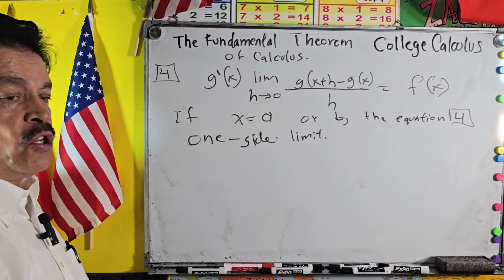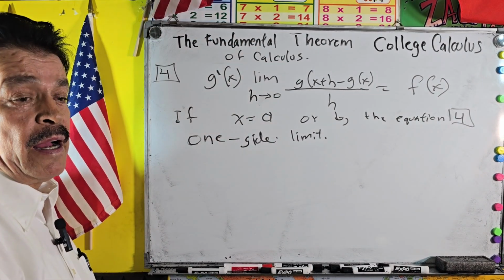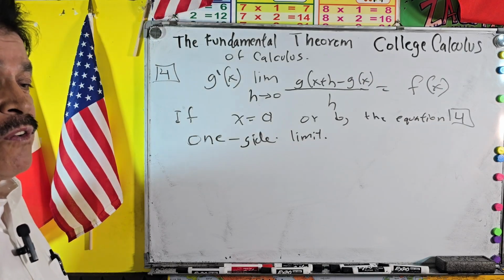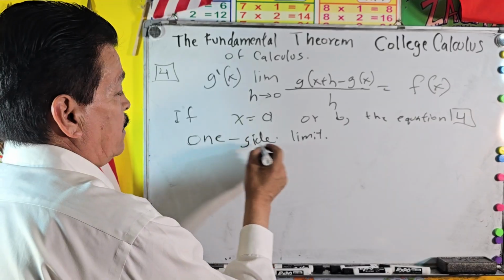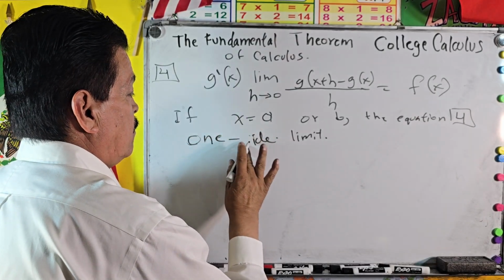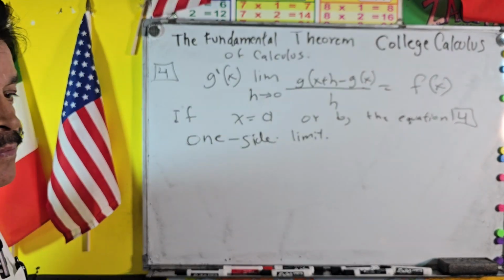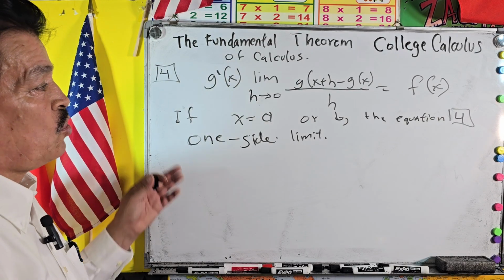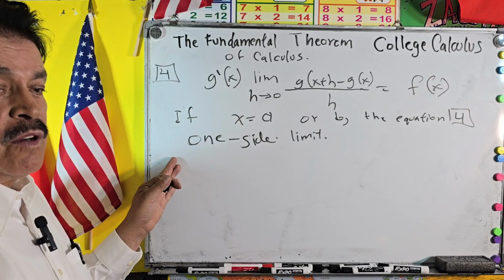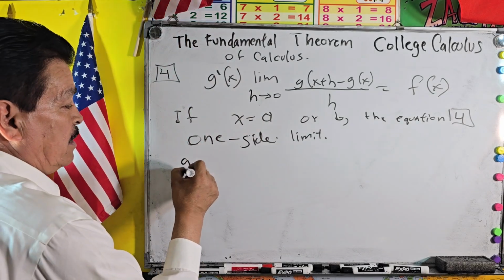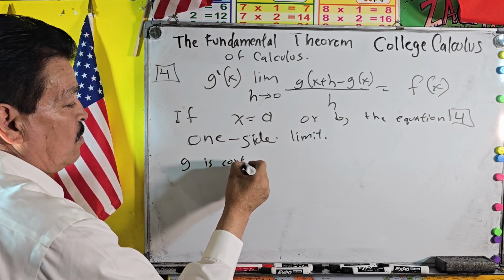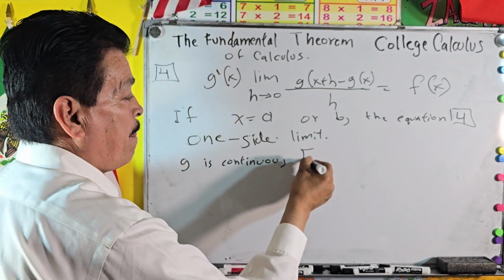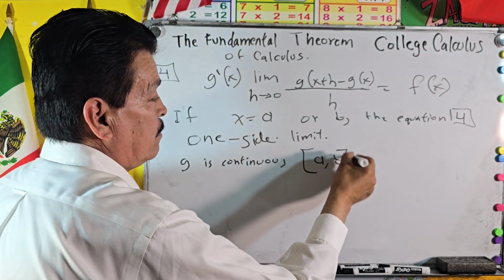The theorem is modified for one-sided limits. That means we show that g is continuous on the interval a, b.